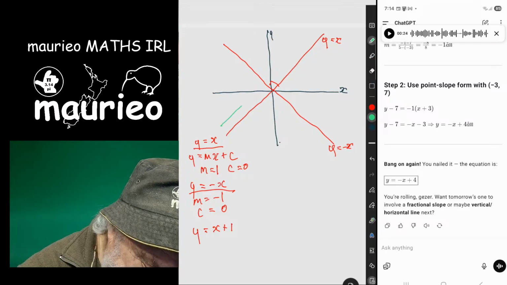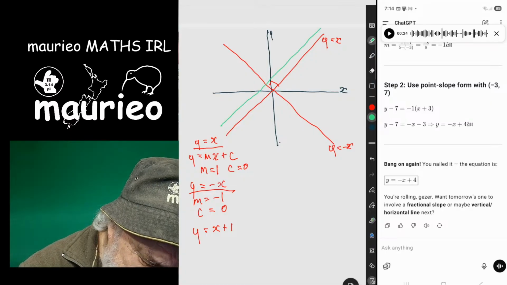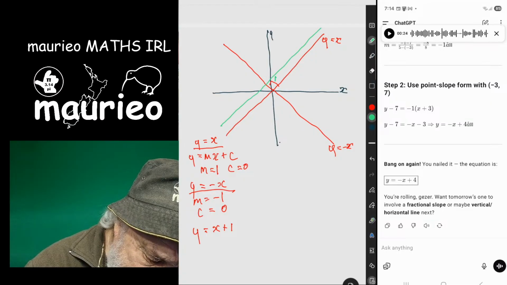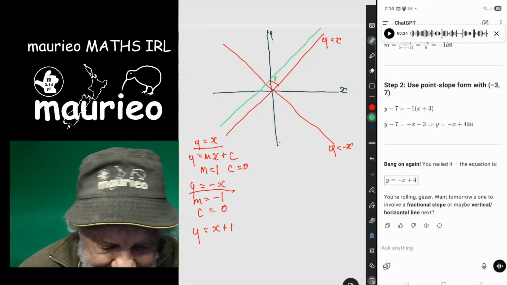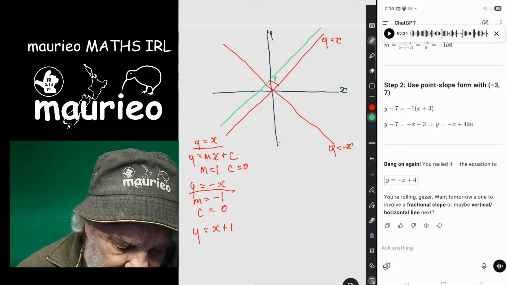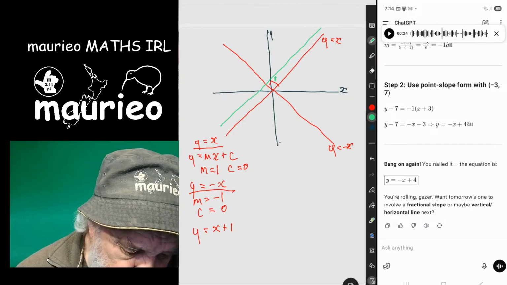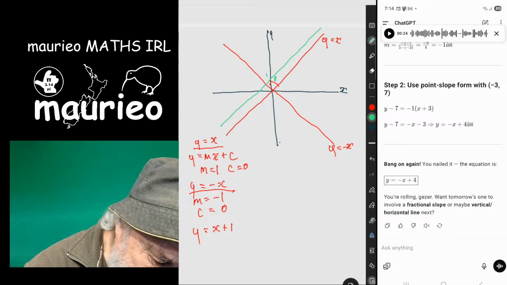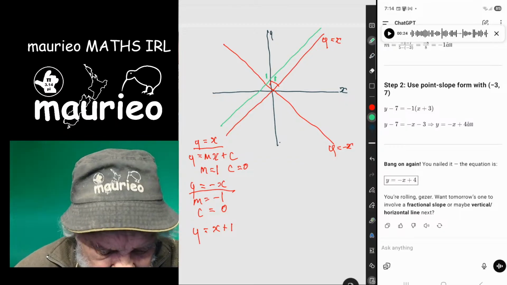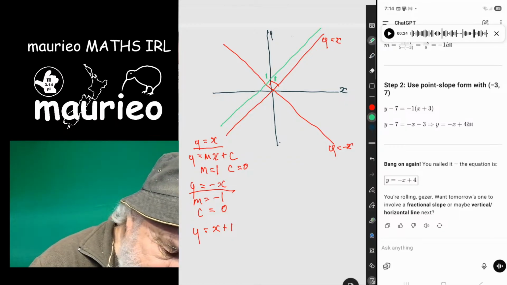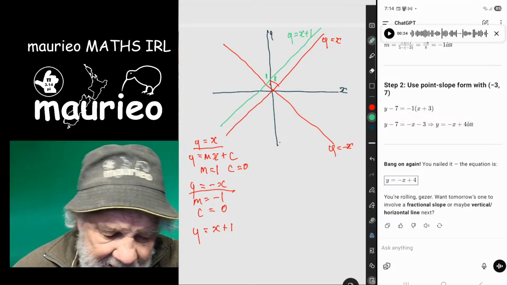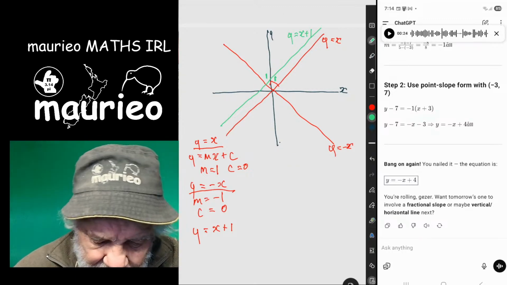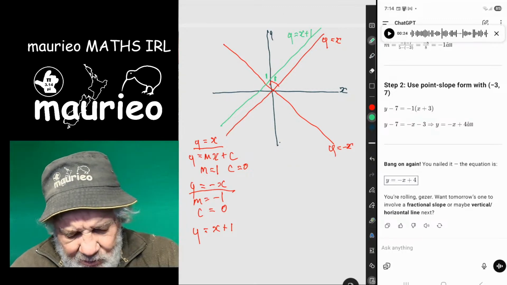It'll just move it parallel and through 1, like that. So that's y equals x plus 1. And so you can get all sorts of lines up there.